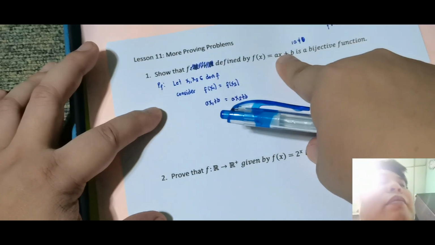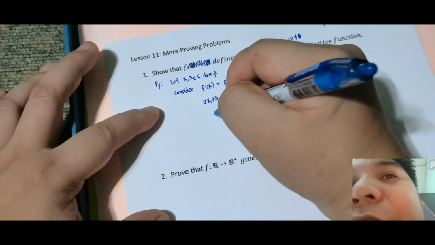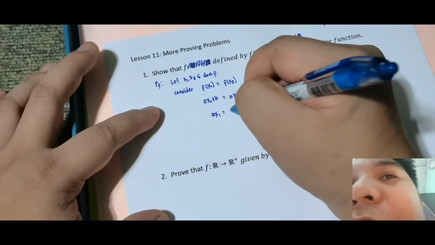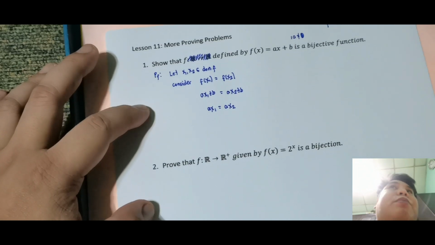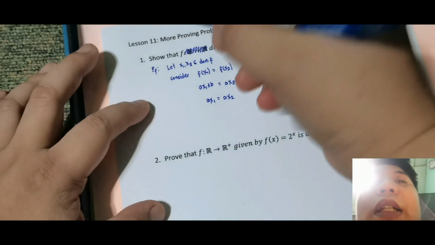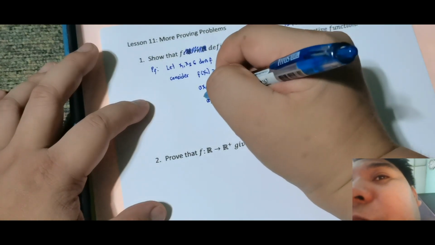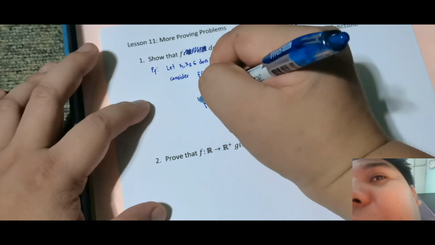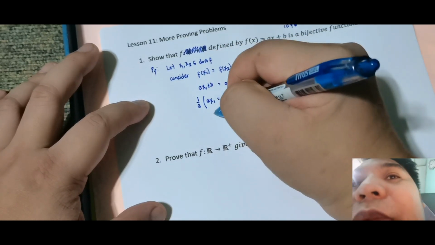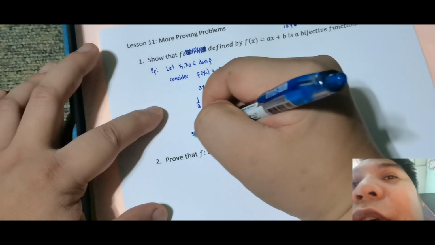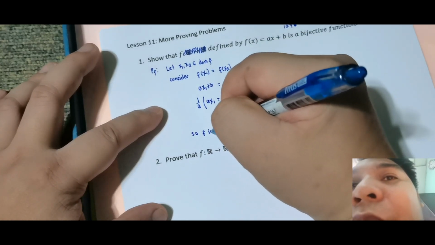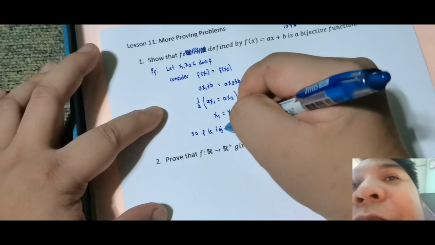Bakit? Dahil doon. Okay, next. That is equal sa ax sub 1 equal sa ax sub 2. Kasi makakancel si b. Tama? So, transpose mo yung b sa kabila. That is makakancel. Next, divide both side by a or multiply both side by 1 over a. Pwede yung ganito. That is simply x sub 1 is equal to x sub 2. So, f is injective.